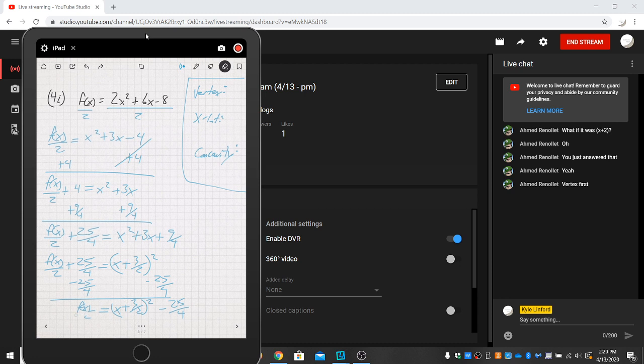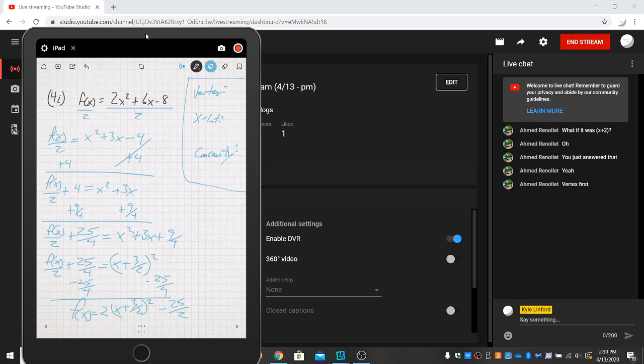So what I will really get, just so I can save some space here, f of x is equal to 2 times x plus 3/2 squared minus 25 over 2. Okay? What I've done here is I've just distributed the 2 to both sides.